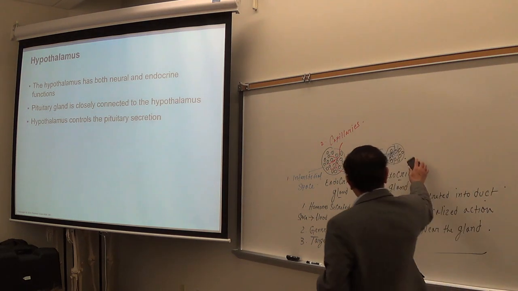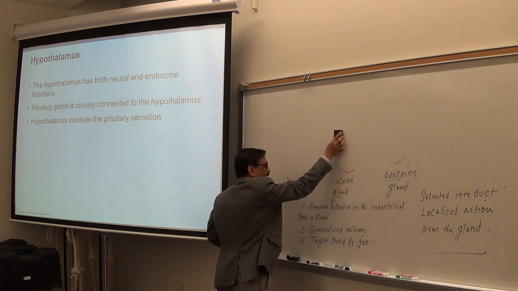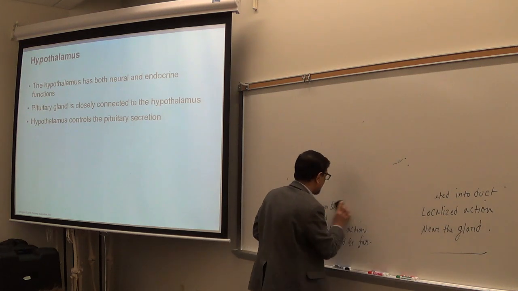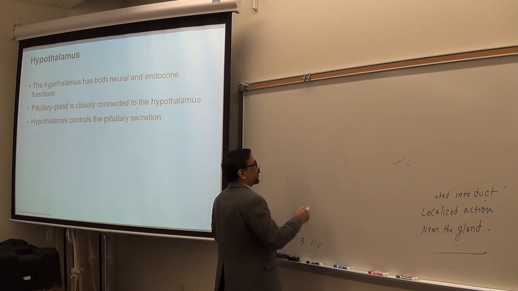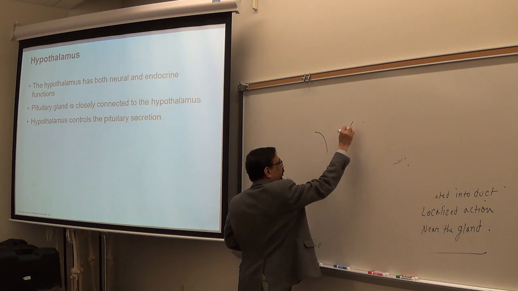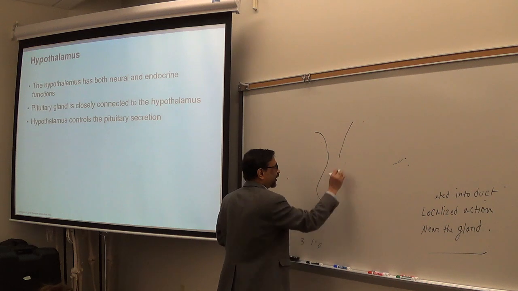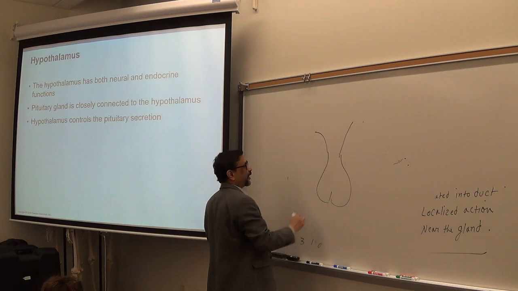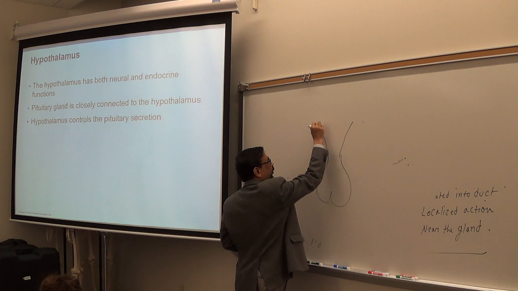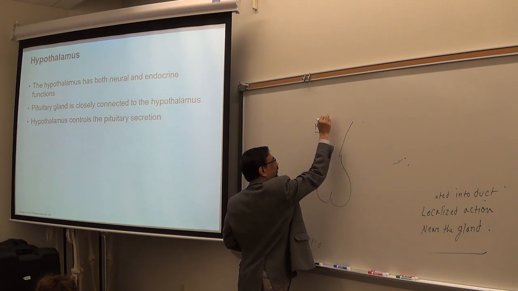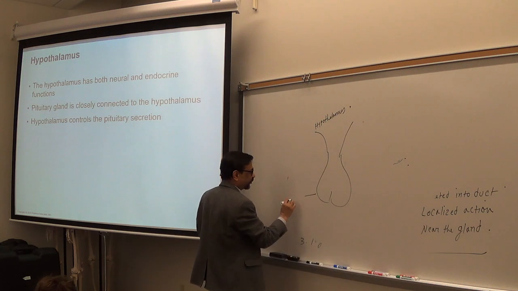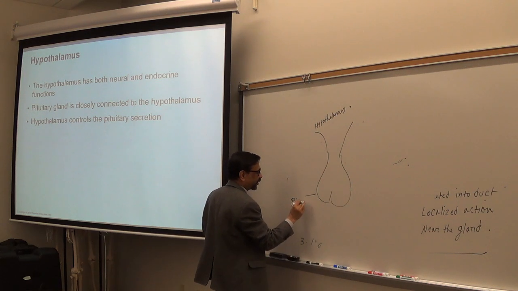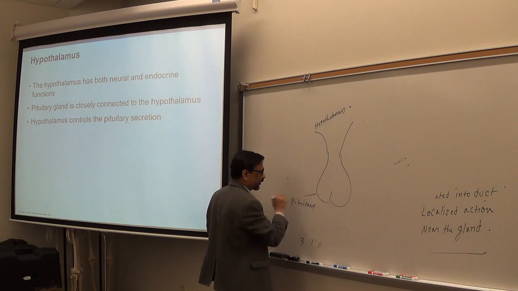How does hypothalamus talk to the pituitary gland? This is the hypothalamus and this is the pituitary gland.